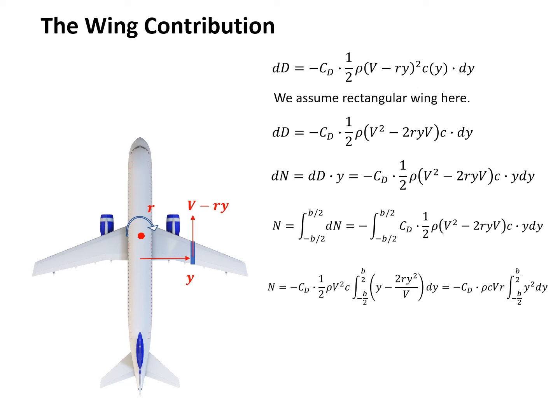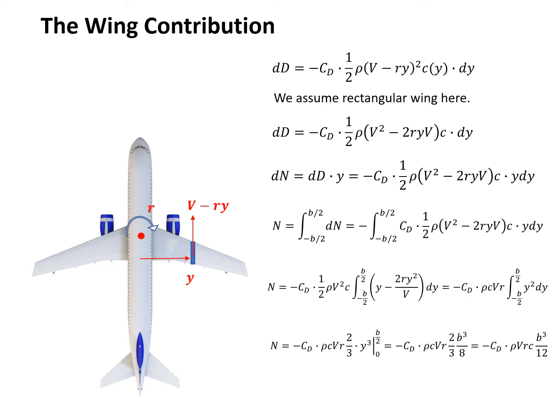In this equation we just tidy up, and we get minus CD times rho c V r times the integration of y squared. Because y squared is second order and the integration is symmetrical, we can just do half of it. Eventually, after some tidying up, it becomes minus CD rho V r c times b cubed divided by 12.